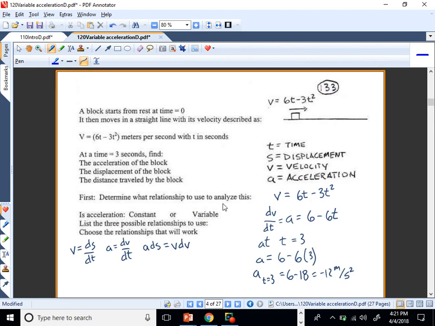So I've got variable acceleration here. dv/dt is 6 minus 6t. When I plug in t equals 3, I come up with negative 12 for the acceleration. So that's the acceleration when the time is 3. So I've got this one figured out already.